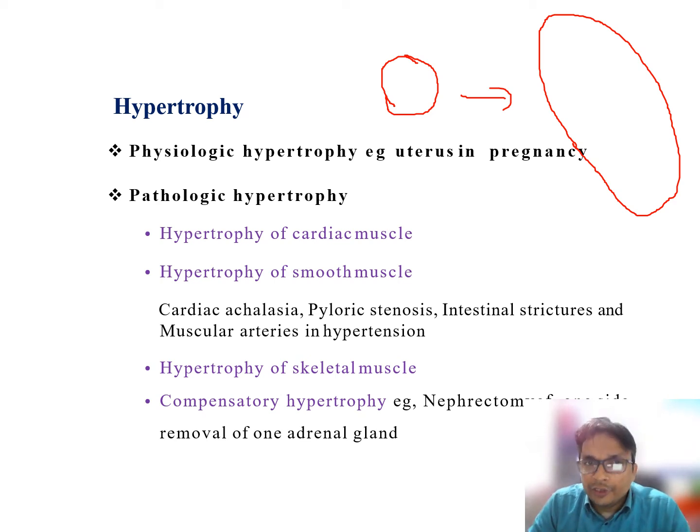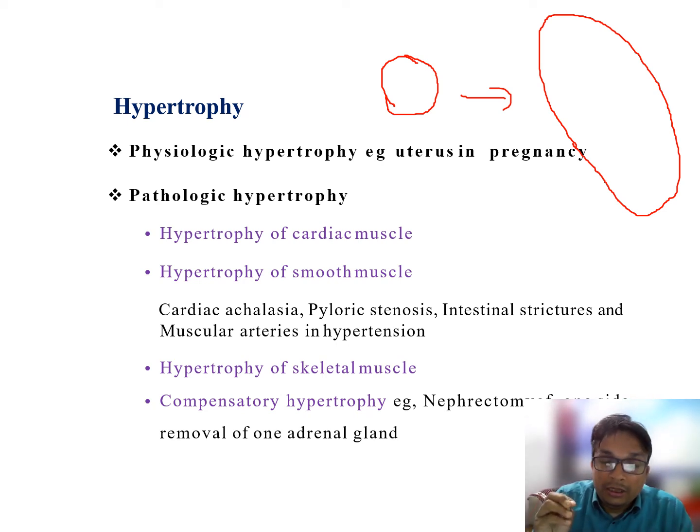Now we will see the physiological example of hypertrophy. The best example is pregnancy. I wish to tell you that pregnancy is not a disease. It's a normal physiological condition. Normally, a woman has a uterus of a particular size. When the woman is pregnant, she has to carry a baby or zygote in her uterus.